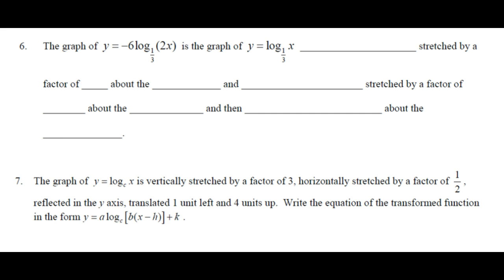Next, the graph of y is equal to negative 6 log base 1/3 of 2x is the graph of y equals log base 1/3 of x, blank stretched by a factor of, okay, you pick.